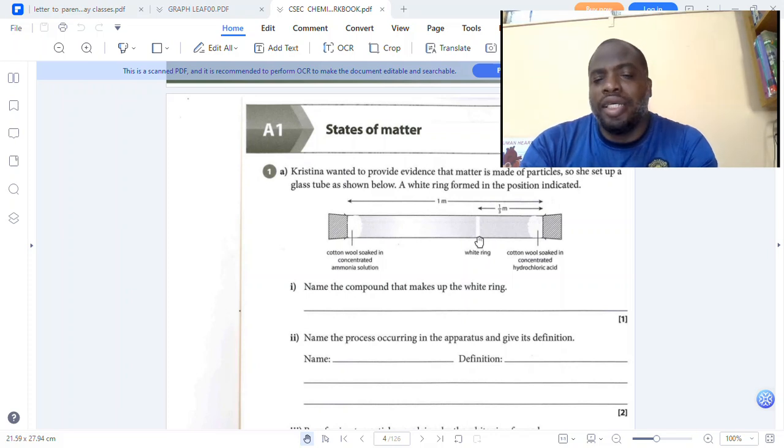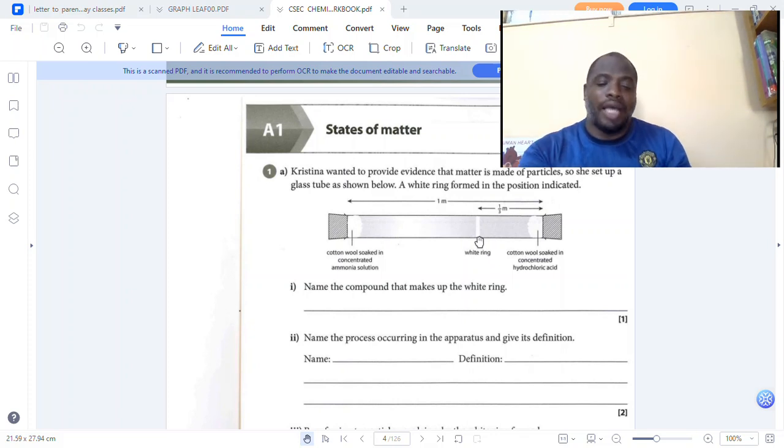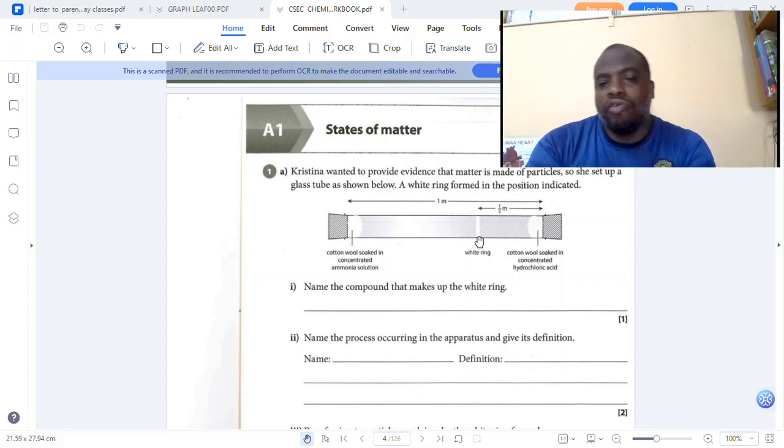Yes. If you did have NH3 for ammonia, give yourself a clap. That is indeed the formula for ammonia. If you had HCl for hydrochloric acid, then of course, definitely you would be correct.